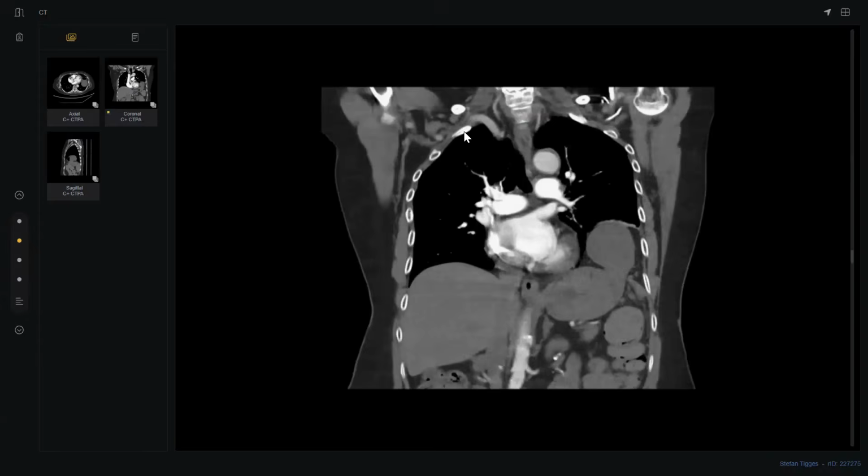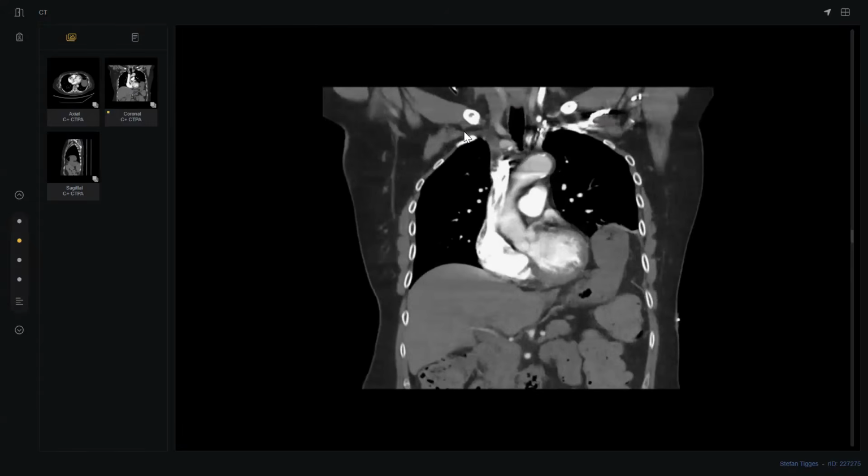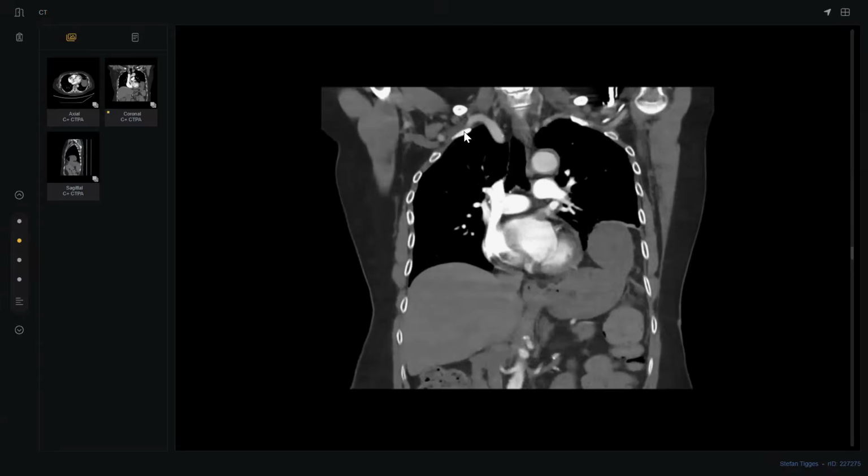I would confirm it on the coronal view. On this coronal view, I can see there is a defect in the diaphragmatic outline along the lateral aspect, with herniation of the stomach, which is forming a typical hourglass pattern. And this is quite suspicious.